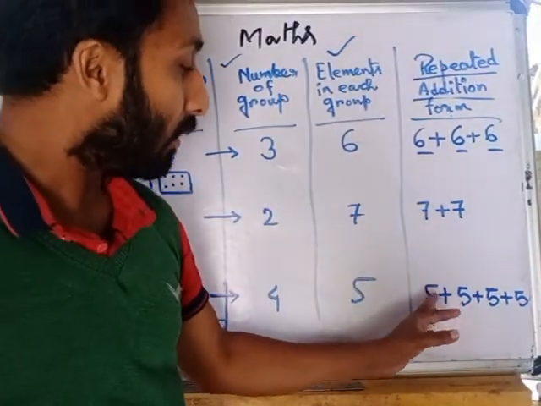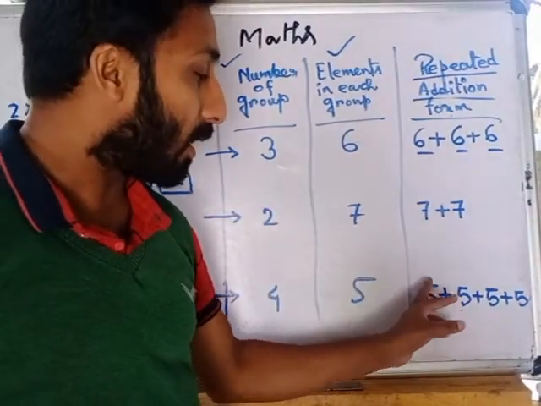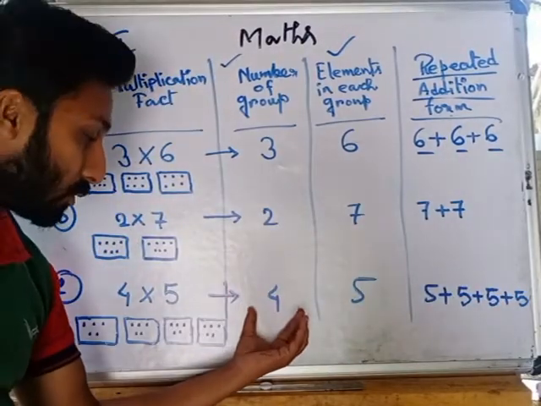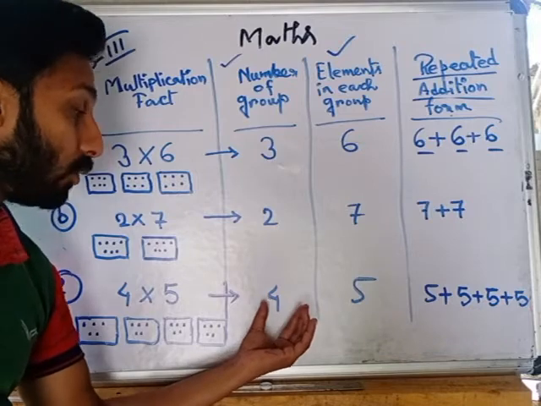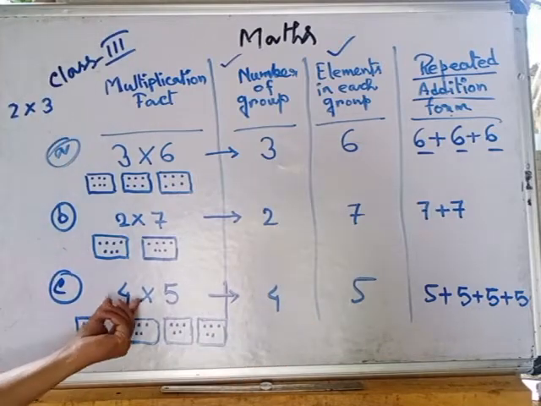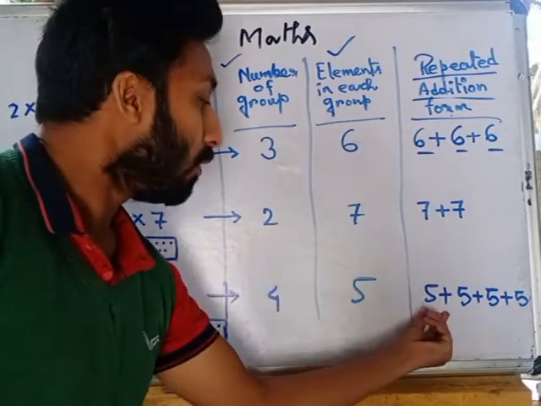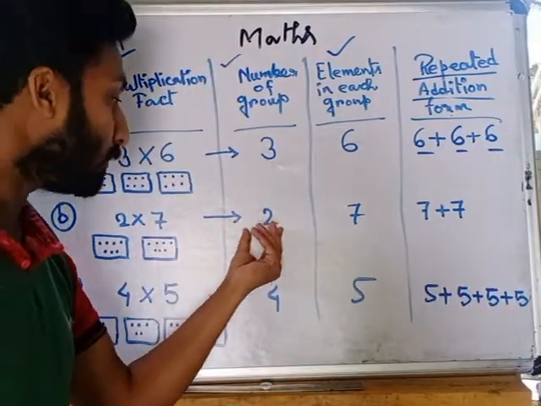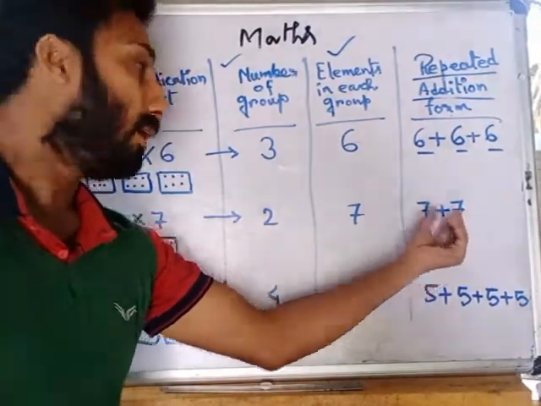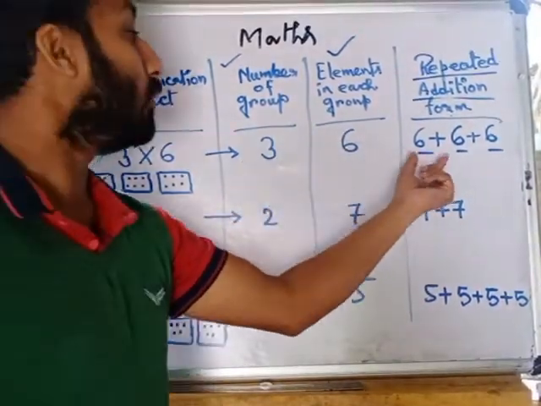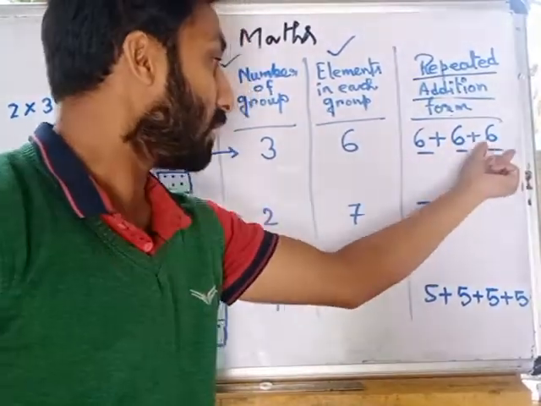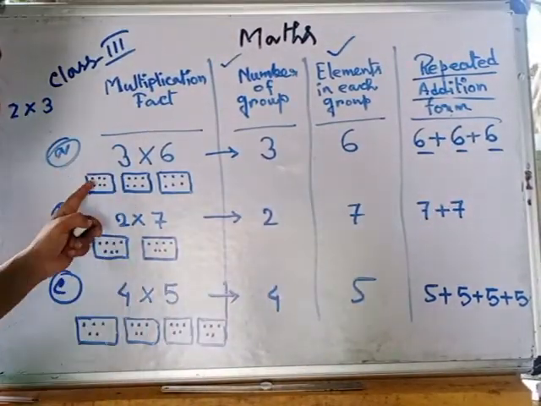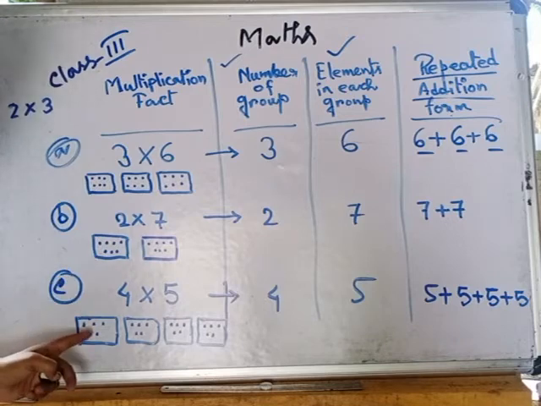That means you should write the same number in repeated time. How many times? At first you should follow how many groups are there. Here there are 4 groups, so we should write 4 times 5. If it is 2 groups, then we should write 2 times. If it is 3 groups, then we should write here 3 times. Each and every group has its own 6, 7 or 5 elements.